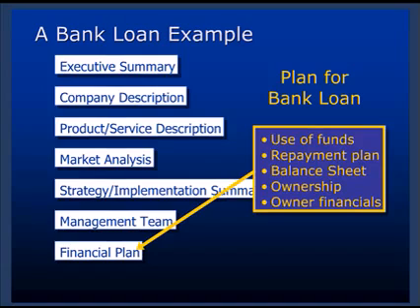You will want to adjust the contents of your plan to fit its business purpose. We see an example here of the plan accompanying an application for commercial credit or bank loan. That plan should include the use of funds, the repayment plan, proposed balance sheet, ownership details, and personal financial statements for each of the owners of the business.